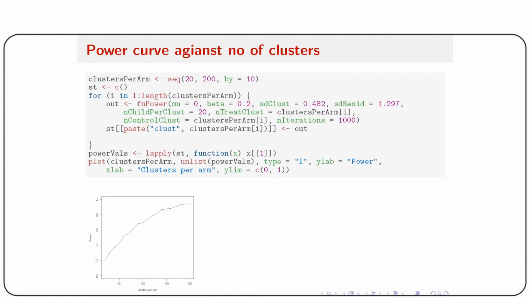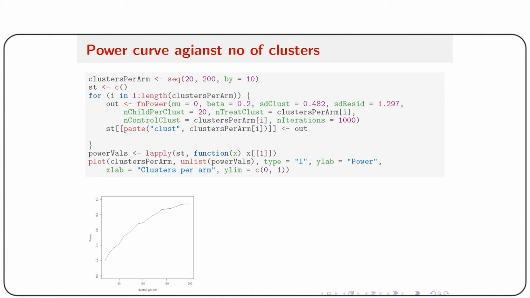Say take the sequence from 20 to 200 by 10. I just took an interval of 10 only, but you can take 1 or 2 to get a very smooth curve, because that might take a long time depending on the speed of the machine.